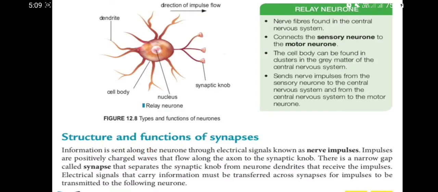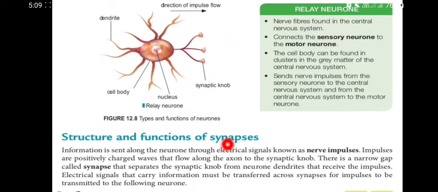So maksudnya information itu perlu di transfer from one neuron to the next neuron. Information itu adalah electrical signal, kita panggil nerve impulses. Tetapi di antara satu neuron dengan neuron yang seterusnya, iaitu daripada synaptic node kepada dendrite neuron yang seterusnya, ada satu narrow gap yang kita panggil sebagai synapse.